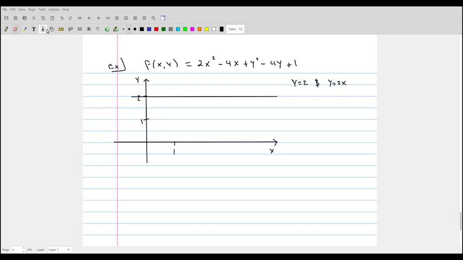Just move it up a little bit to make it look a little bit more correct. It's going to hit this point right here. And this is the line y equals 2x.